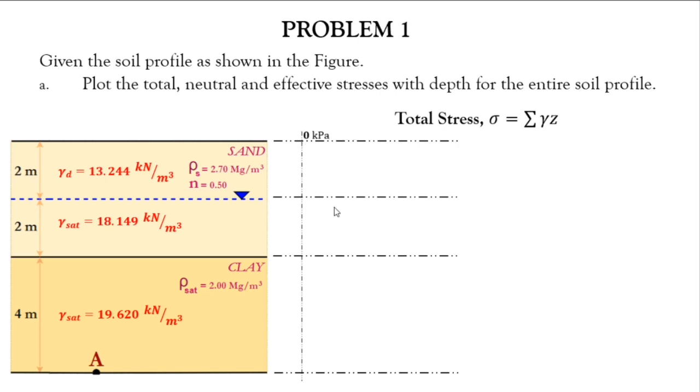Next, at point 2, at the groundwater table itself, but let's consider a little bit above the groundwater table, where the soil is still dry, so the unit weight we still use is 13.244. But you need to sum up what you got above. What we got above the sand layer is 0, so include that, although you can neglect it since it is 0, plus the stress due to this layer, which is 13.244 times 2 meters.